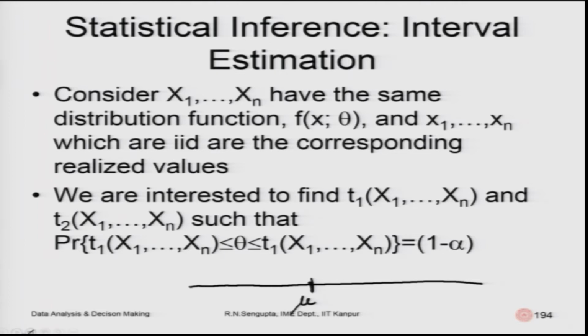Now, what T1 and T2 mean is actually this. T1 is a value on the left hand side, which is a function of x1 to xn.